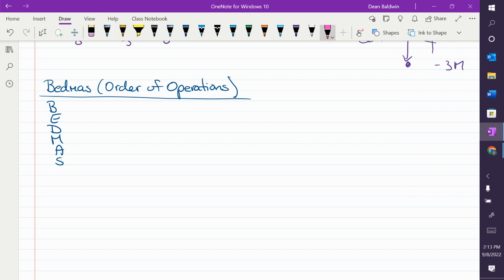Okay, what does the B stand for? Brackets. The E is the exponents. D, division.